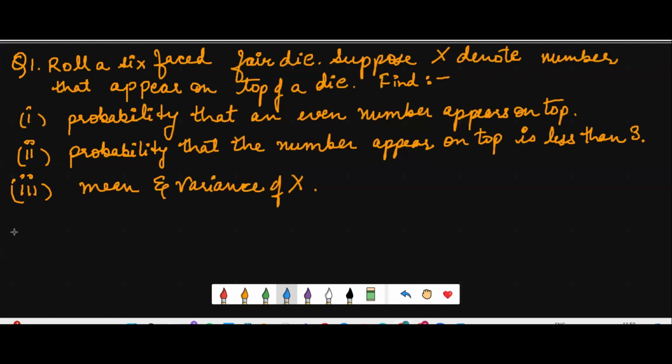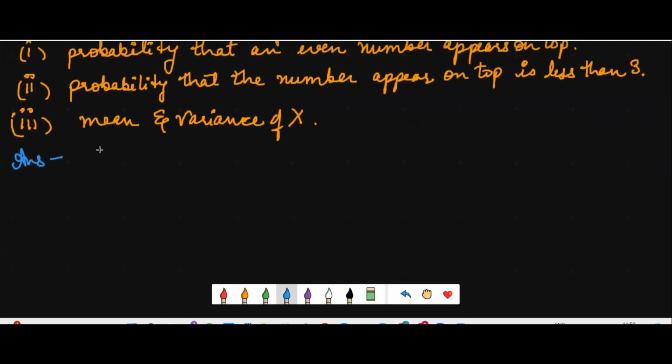So in this particular question, if you will see, we are talking about a six-faced die. So it has the numbers 1, 2, 3, 4, 5, 6. So first of all, I'll be considering the capital X, which is given to us in the question. Let capital X denote the number appearing on the top of a die.